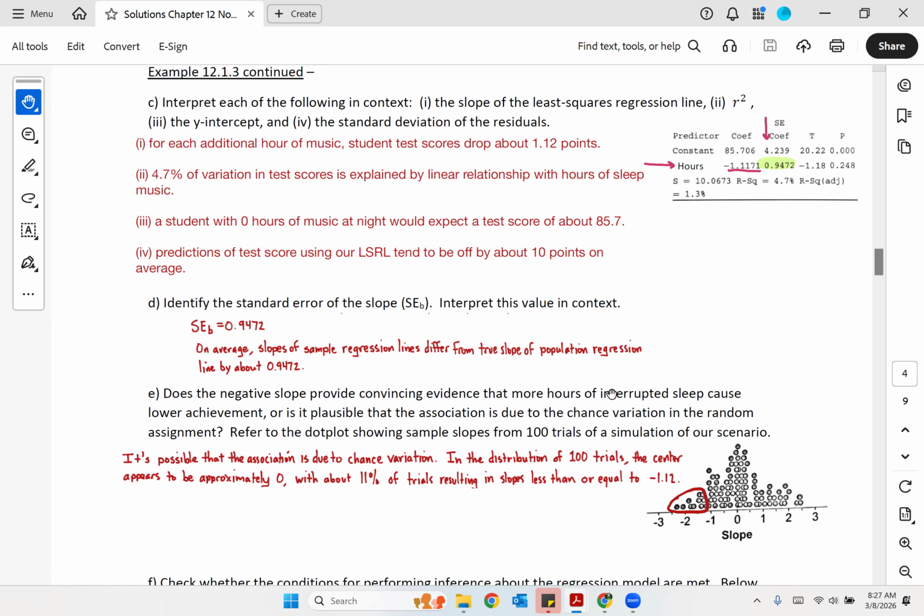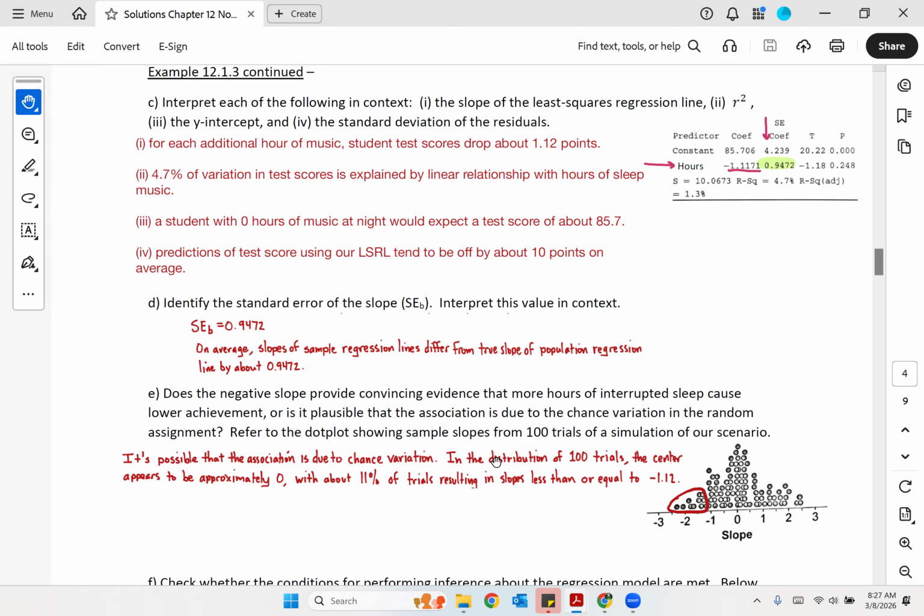We didn't expect to get a slope of exactly zero, even if the true population slope was zero. So the question becomes, does this negative slope actually provide convincing evidence that more hours of sleep music are causing lower achievement? Is it plausible the association is due to random chance?